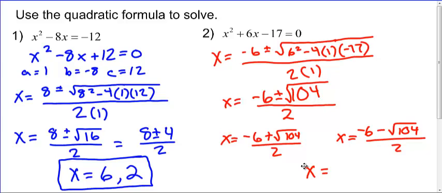The first one, negative 6 plus the square root of 104, all divided by 2, gives us about 2.099. Where negative 6 minus the square root of 104, all divided by 2, gives us about negative 8.099.